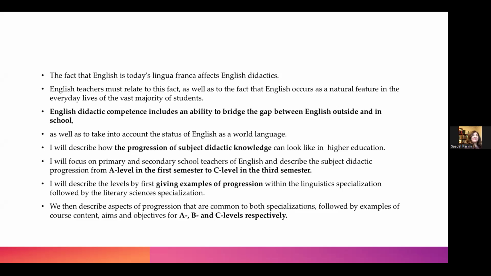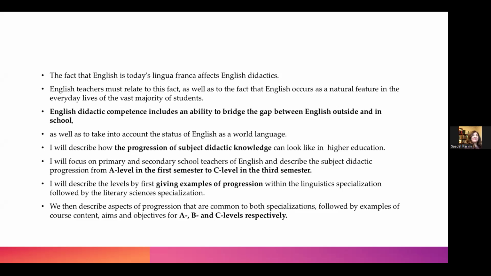I will describe how the progression of subject didactic knowledge can look in higher education. I will focus on primary and secondary school teachers of English and describe the subject didactic progression from A level in the first semester to C level in the third semester.